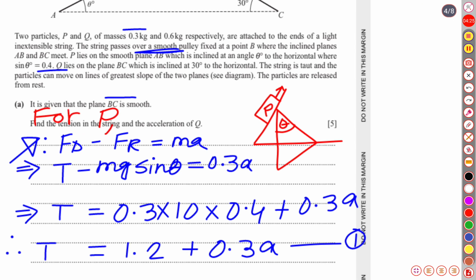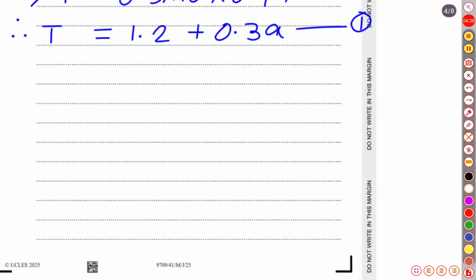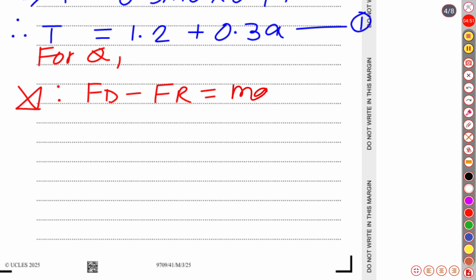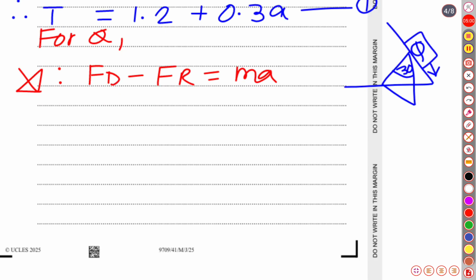Then for Q, let us write for the particle Q. Q is sliding down, so the direction is this, and we are going to apply the same concept of Newton's law of motion. Driving force minus resistance to motion is equal to mass into acceleration. If we draw the system, it will look like this. So for Q, nothing but the weight is causing Q to move down.